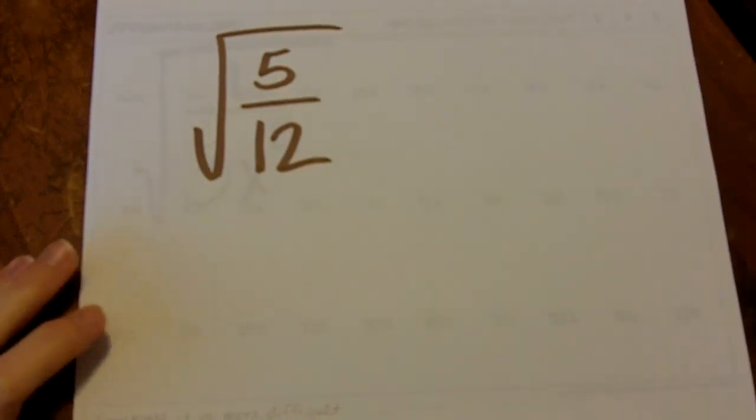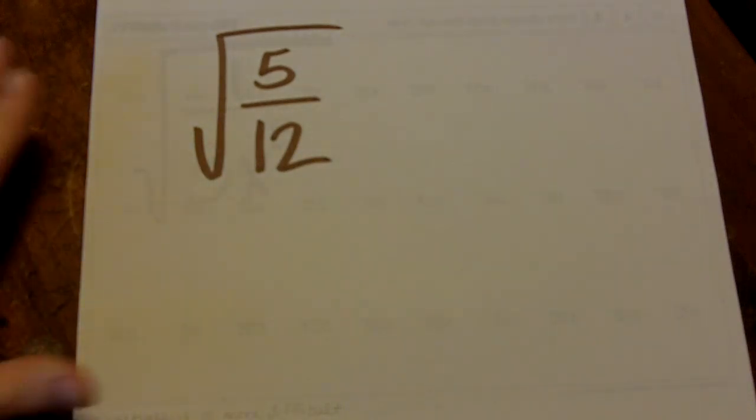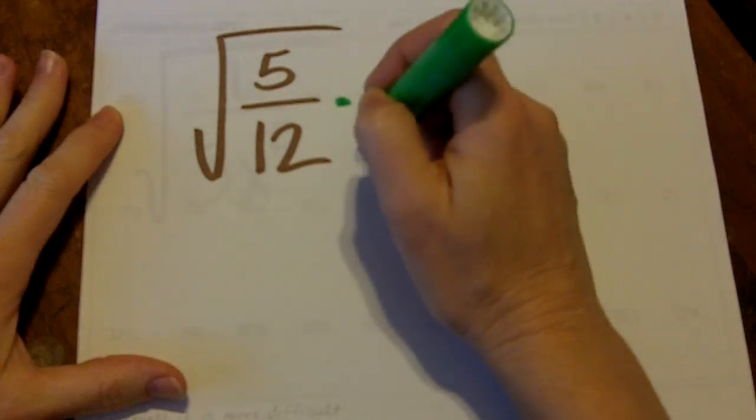Of course, what would algebra be without more difficult problems? Some are going to be more difficult. If we had this problem, you would think, what can I multiply 12 by that will give me a perfect square? Obviously, you could multiply it by 12, but that would give you 144, and then you'd have this ginormous number up top and would end up having to reduce. What you want is the smallest number that you can multiply 12 by that would give you a perfect square, and I think you would agree that would be 3.